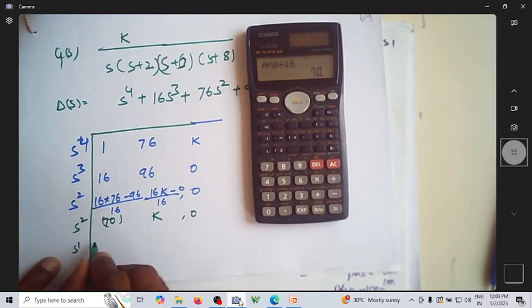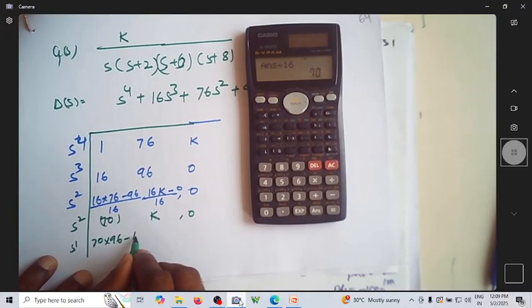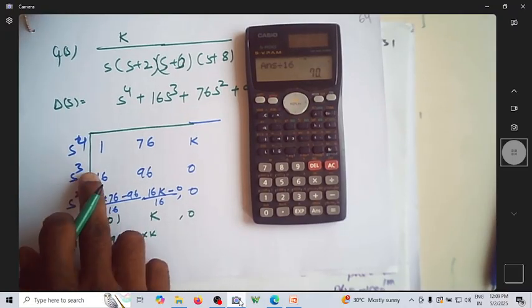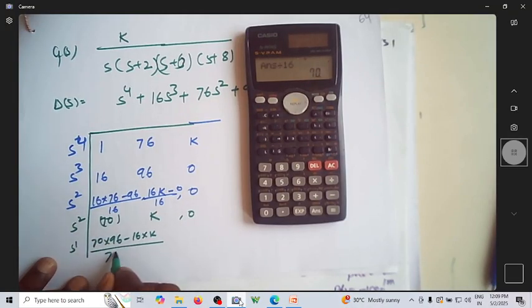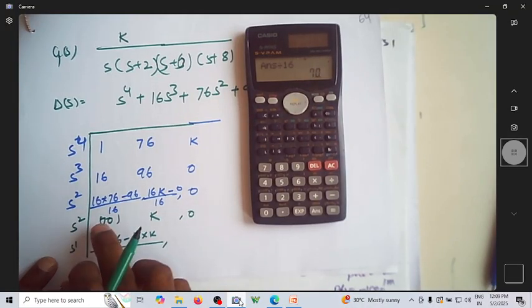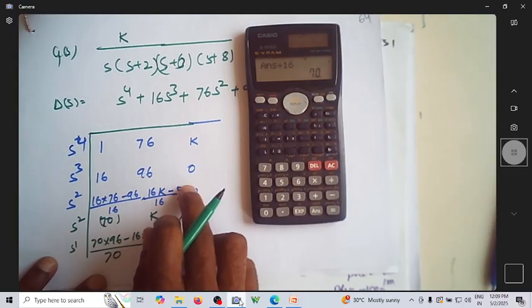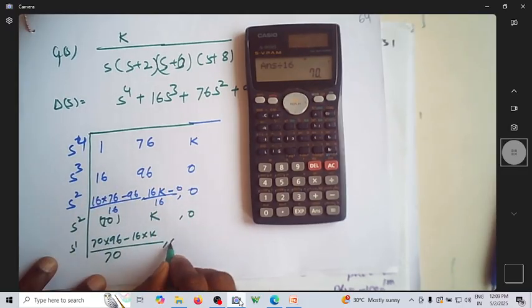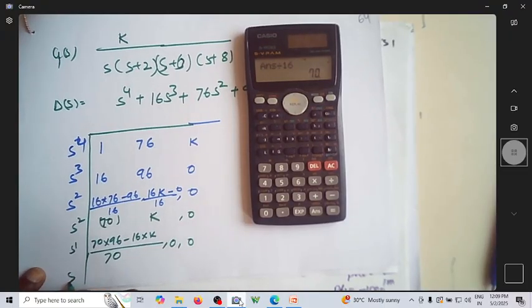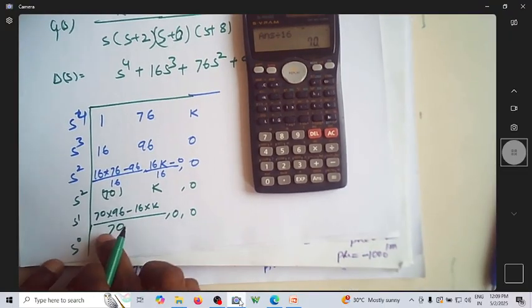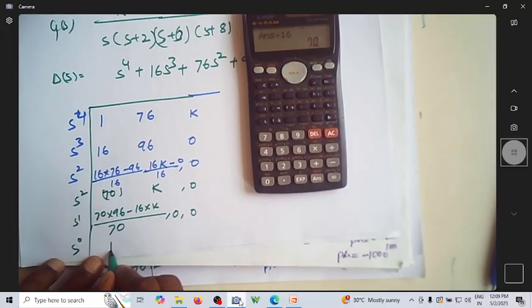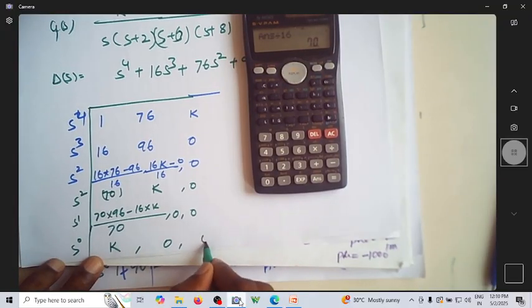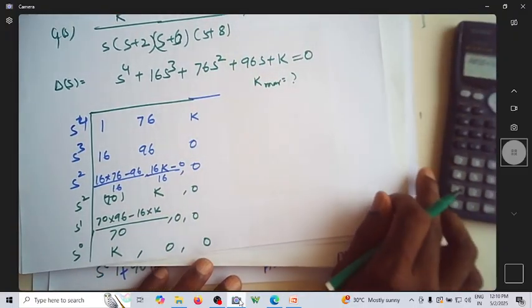It is 70 into 96 minus 16 into k, divided by 70, and this into this minus this is actually 0. Then s power 0 is actually k. This is what we got.